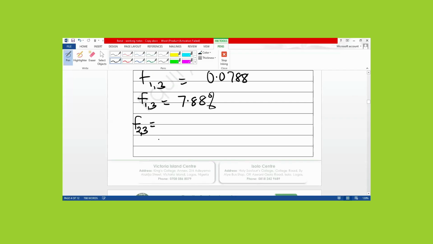The formula is 1 plus R03 raised to 3 over 1 plus R02 raised to 2, all raised to 1 over 3 minus 2, minus 1.